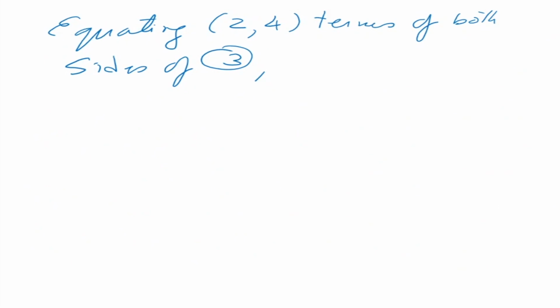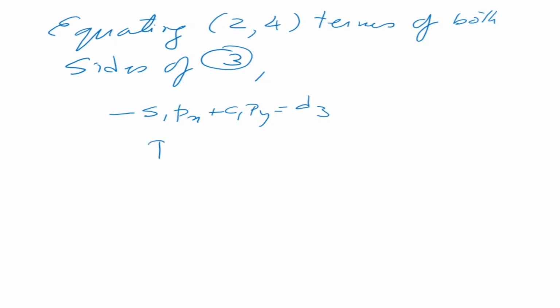minus s1 px plus c1 py is equal to d3. So we have got an equation which contains only sine 1 and cos 1, and d3 is a constant.